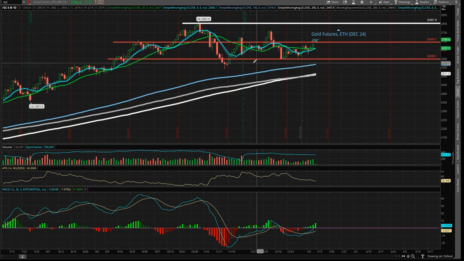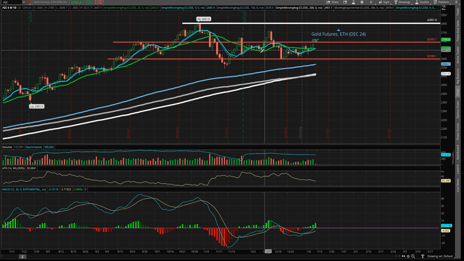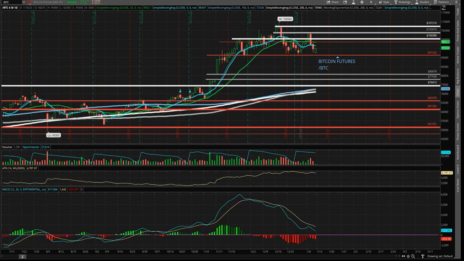When I was first looking at it, I was thinking it looked like Bitcoin was moving the inverse of gold. Bitcoin futures did this little W looking thing and then sold off.